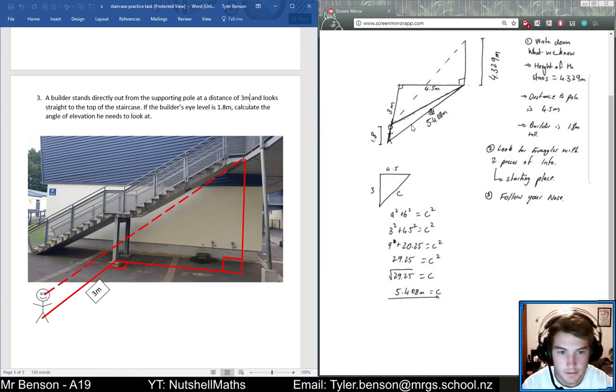Right. That's it there. We've made this triangle. Now let's follow his line parallel with the ground, and imagine that he would be standing here.